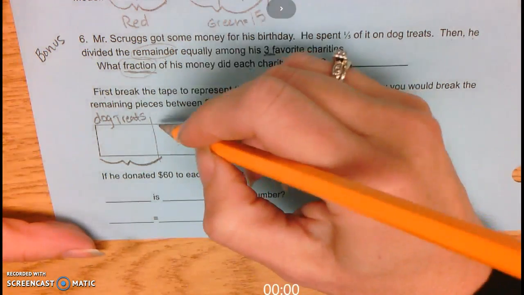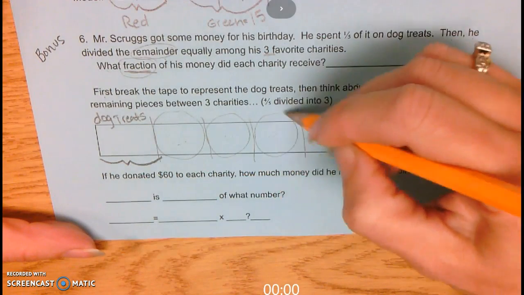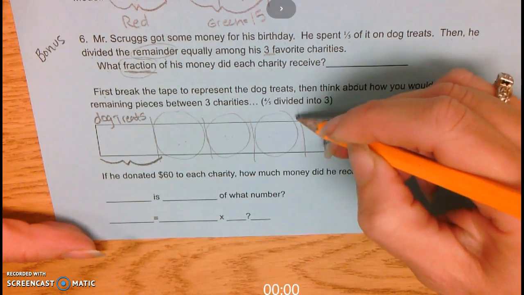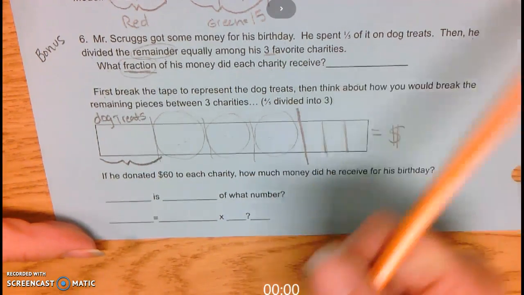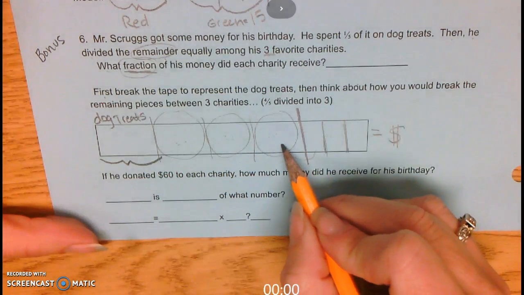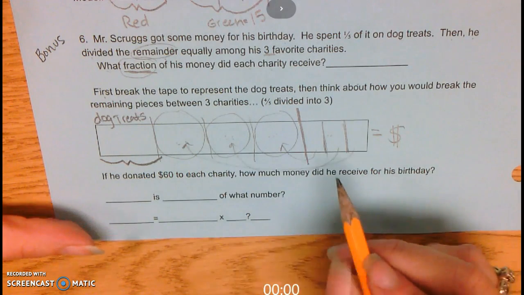So I feel like I could, here's a section, here's a section, here's a section, and then if I break this into thirds, 1, 2, then each of those would get 1 of that.